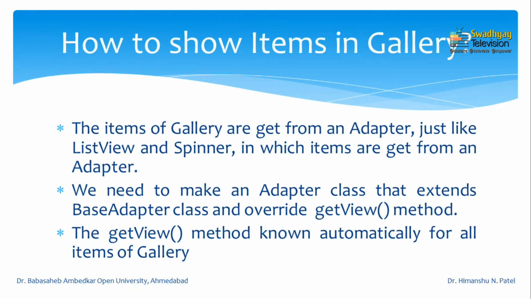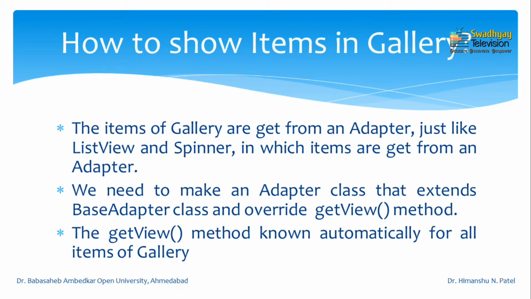How to show items in gallery? The items of gallery are taken from an adapter. We have already discussed how to fetch items inside list view and spinner. So, like list view and spinner, you can get items from an adapter in case of gallery view also. Now, you need to make an adapter class that extends base adapter and overrides the get view method.